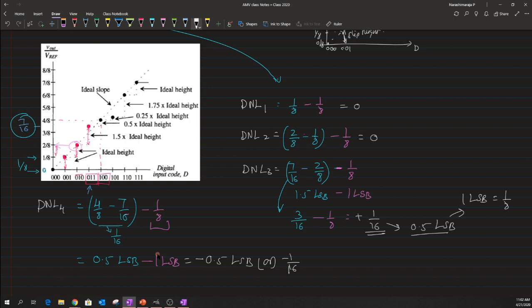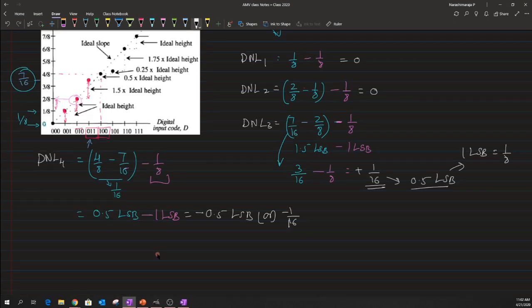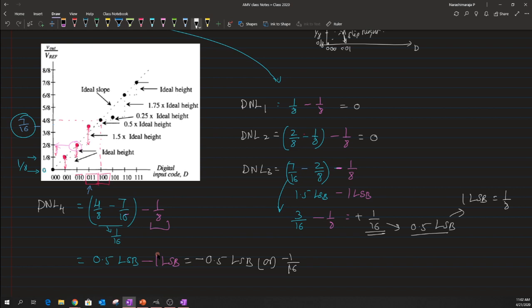Okay. So hope that you're clear with these definitions. So now let us move on to the next one, the DNL of 5. So hope that the space might not fit. Okay, let me use the space which is DNL of 5.